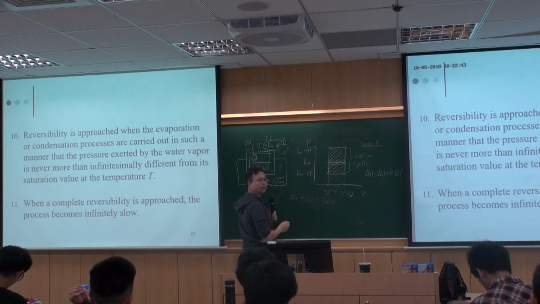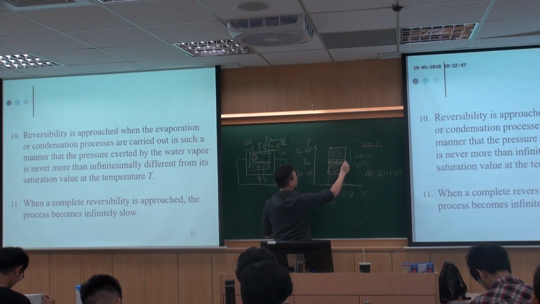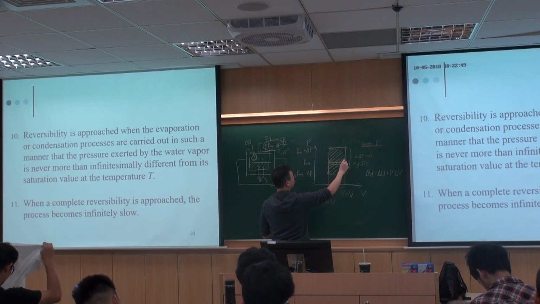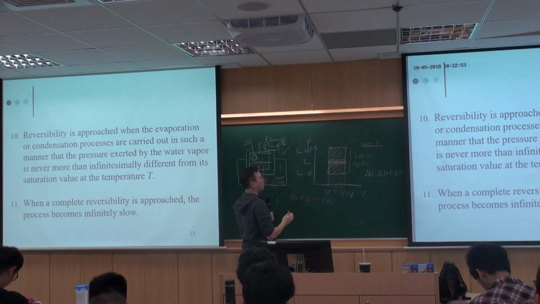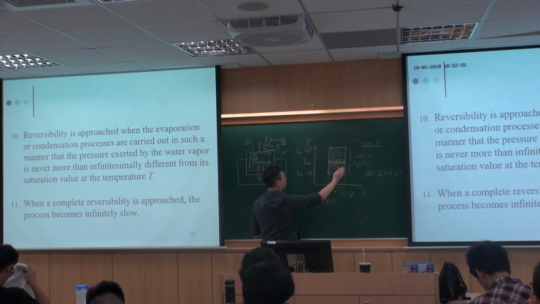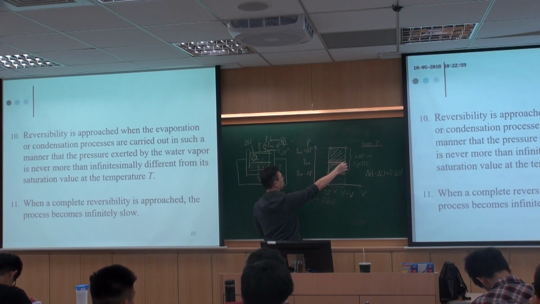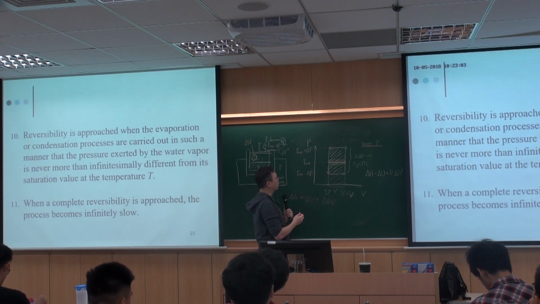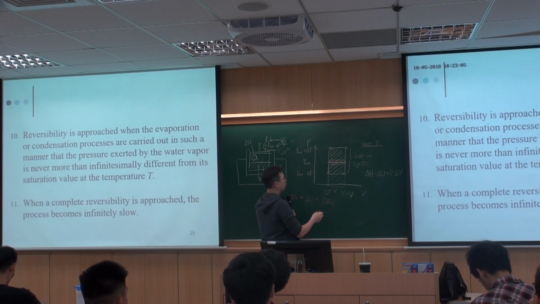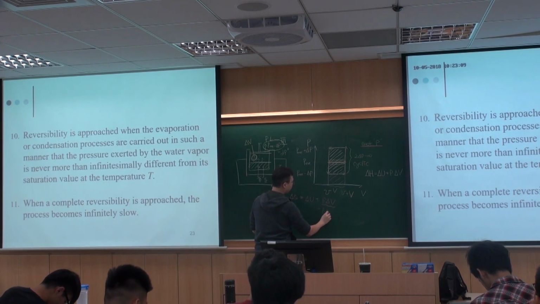In the reverse process, you go from this state and you go backwards. Since the line is the same, the area underneath will also be the same, but since the integration is done in a reverse direction, the work will still be P delta V, but with a minus sign.